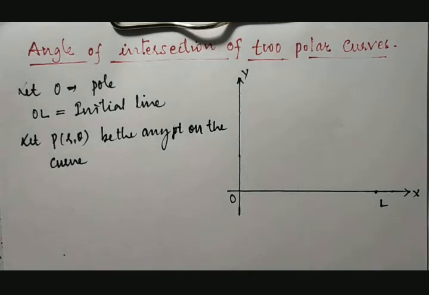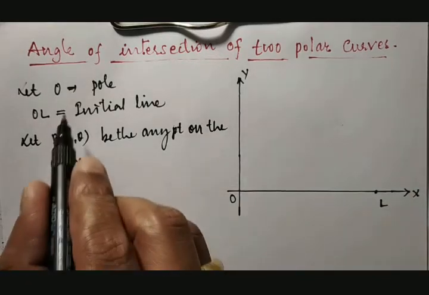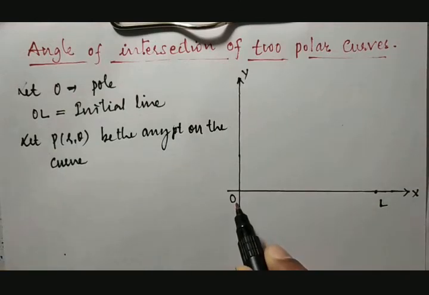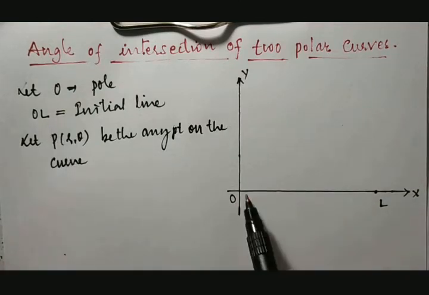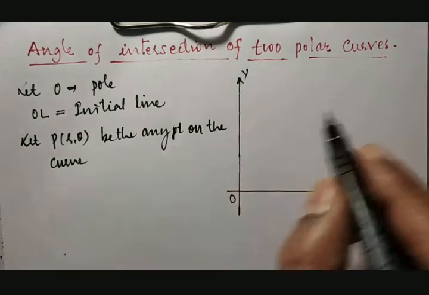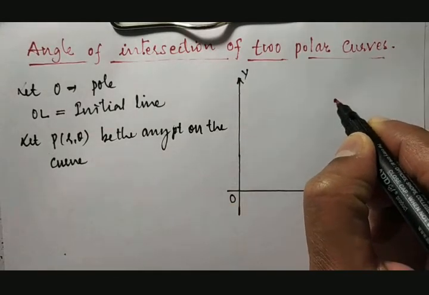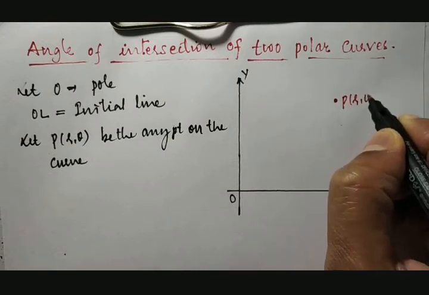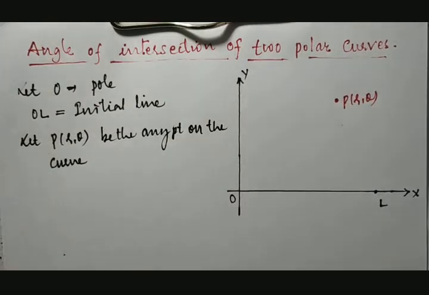Very first, O be the origin or else pole, OL be the initial line, then P of R theta, a point on a curve.